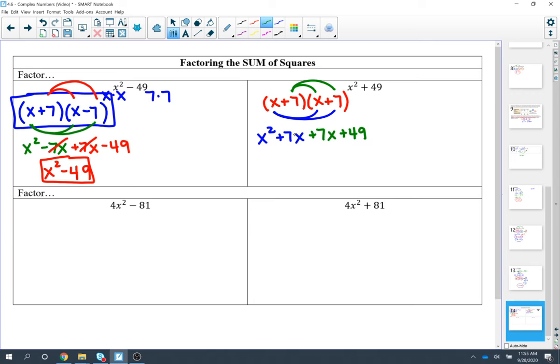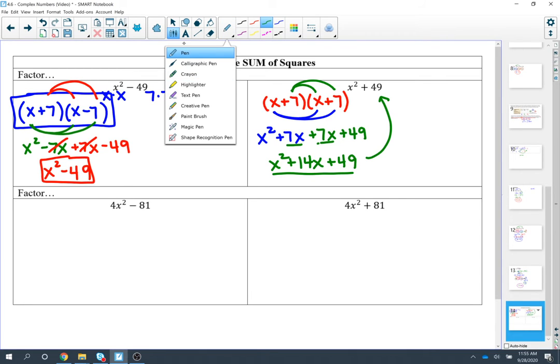Well, this time with a positive 7x and a positive 7x, these two combine to 14x, and then I would drop down 49, and I would drop down x squared. Well, this is definitely not that, so this is not what it factors into. Let me erase.